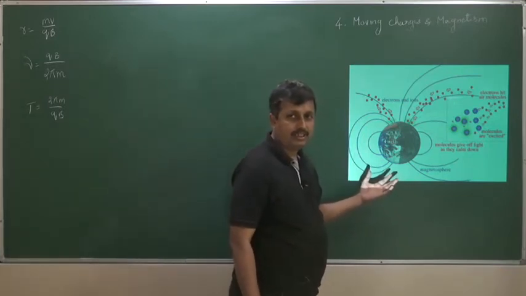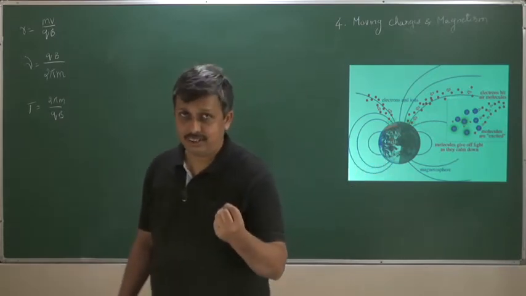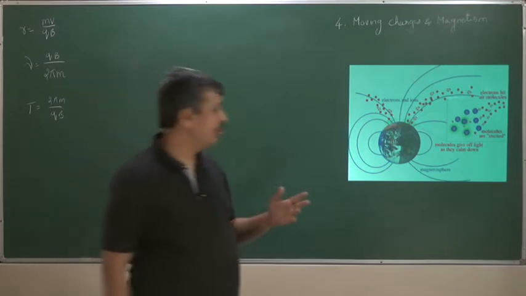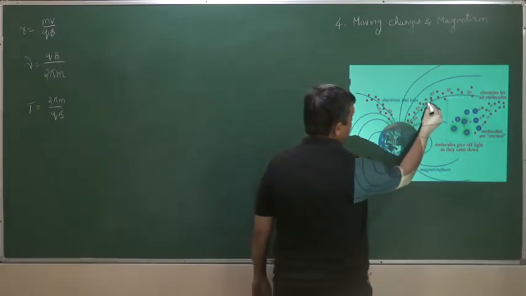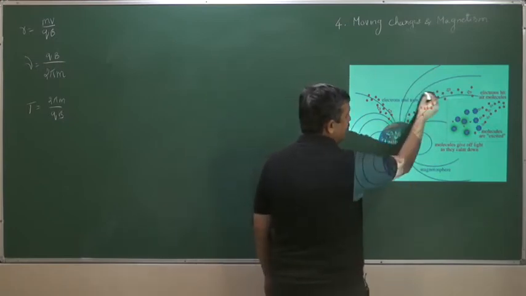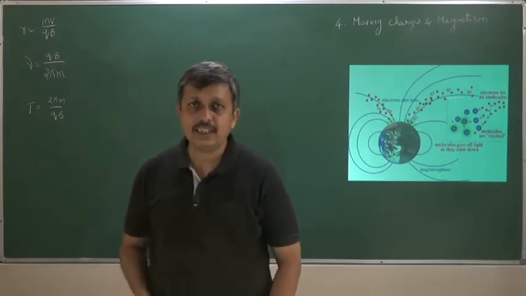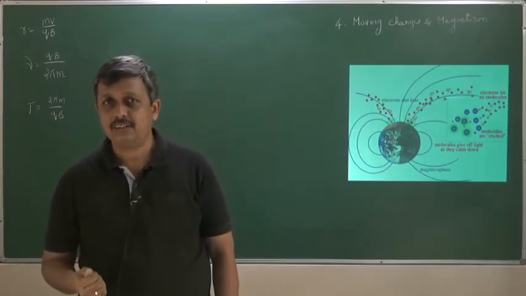When they are traveling in the Earth's magnetic field, you can look at their velocity. It may not be exactly perpendicular to the Earth's magnetic field at every point in space. If it is exactly perpendicular, the field will only bend the path.